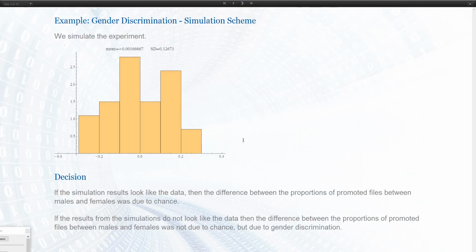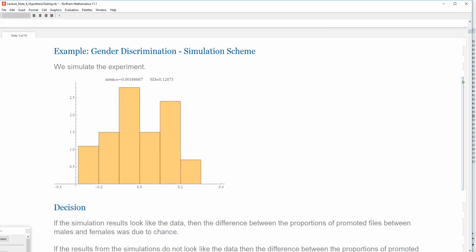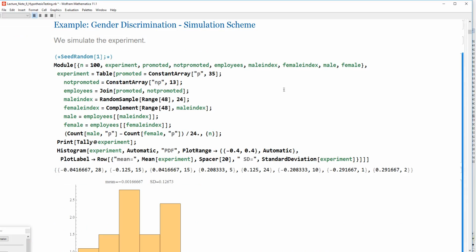What we do is we make a simulation. Experiment means here I'm doing some random experiment, and if the result of my random experiment looks the same as our data, we can say, okay, that's random.